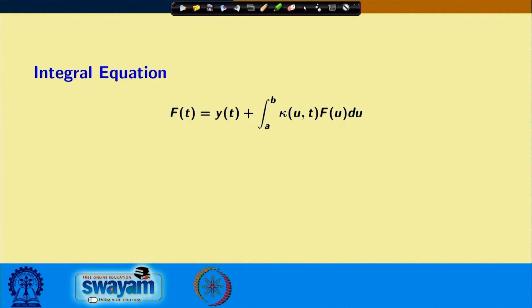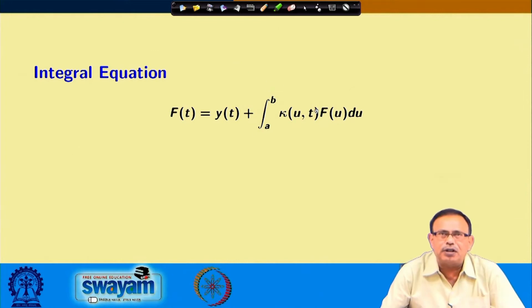You see the form of an integral equation: f(t) equals y(t) plus integral from a to b of k(u, t) f(u) du. This is an integral equation where the function f(t) we have to determine, and you see your f(t) is coming under the integral sign also.